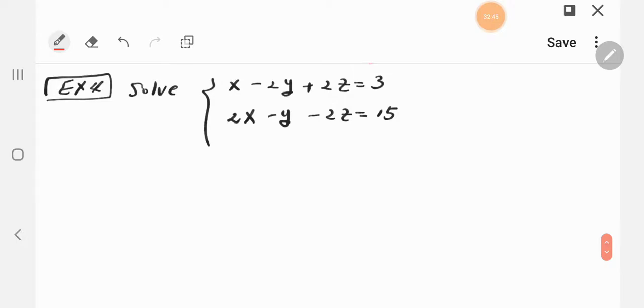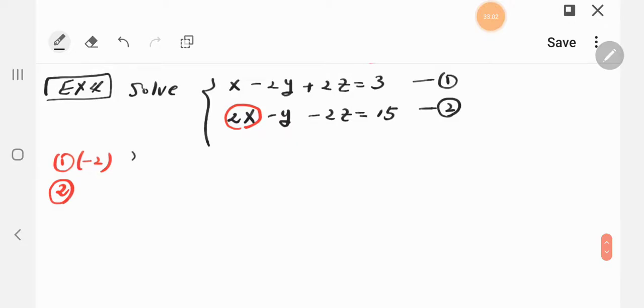So anyway, let's get rid of the 2x from the second equation. We'll multiply the first equation by negative 2 and then add it to the second equation. Let's say this is the first equation and the second equation.